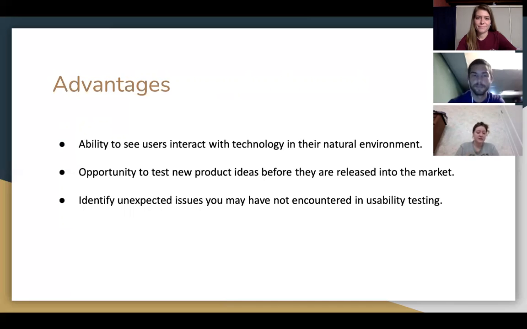With things like business ethnography, it allows you to see which products users are more likely to use before they are released, can help determine demand in the market, and can also identify unexpected issues that you as the researcher or the designer of a product may not have seen. It also provides a comprehensive perspective, helps to reveal interrelationships among multifaceted dimensions of group interactions, and provides context for behaviors.